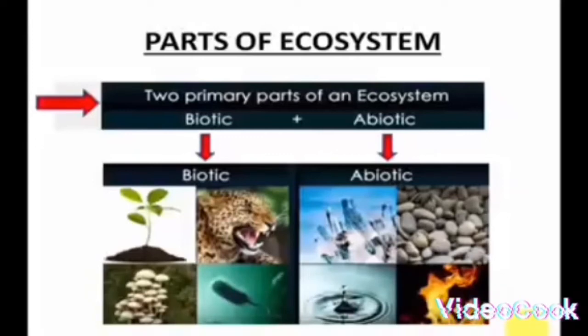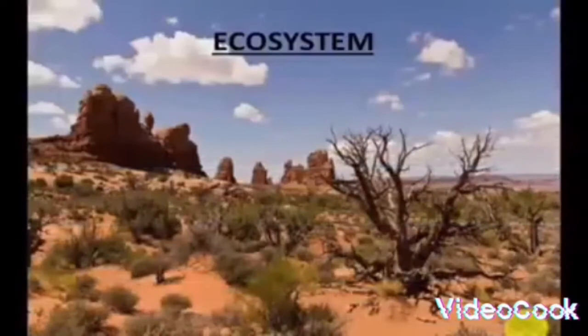Water does not grow, water does not breathe. Water is an example of an abiotic component of the environment. In brief, the biotic component examples include plants and animals, and then in the abiotic world, we have water, the gases, fire, and stones.